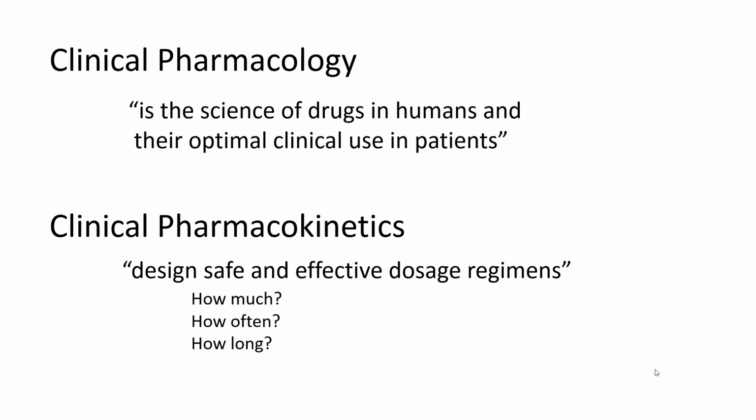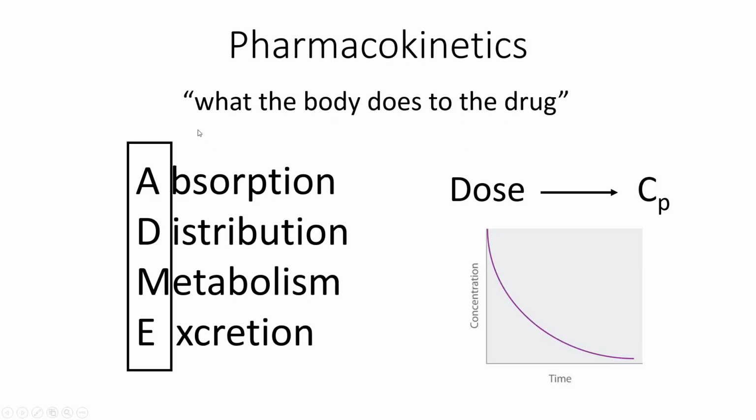So the science of optimal clinical use of drugs in humans is clinical pharmacology, and often that deals with finding the most effective dose. And the field of science that deals with finding effective and safe dosage regimens is clinical pharmacokinetics. Now, pharmacokinetics is often described as what the body does to the drug.